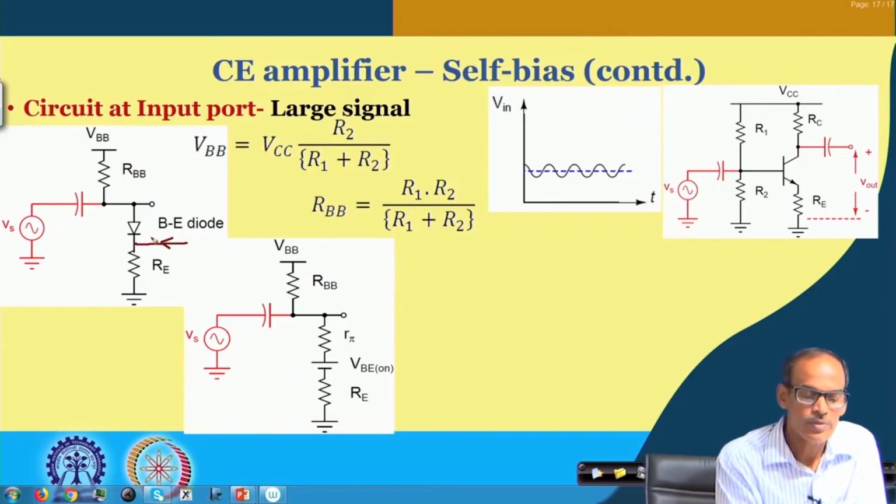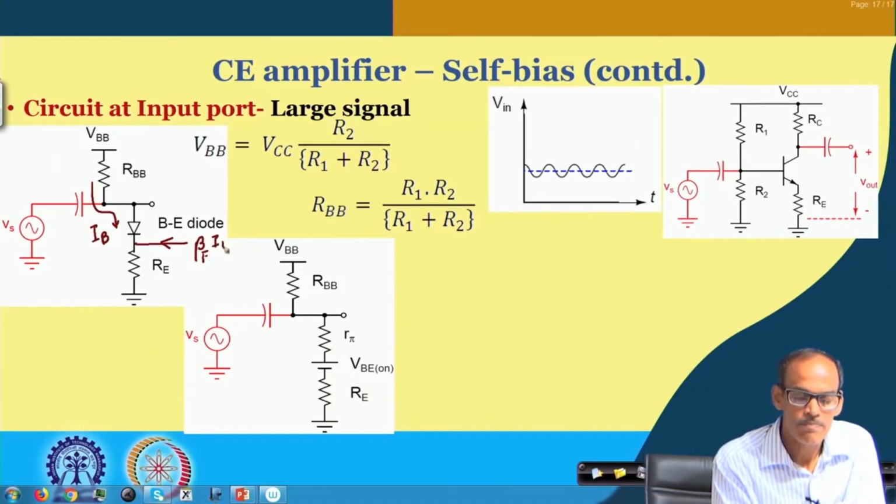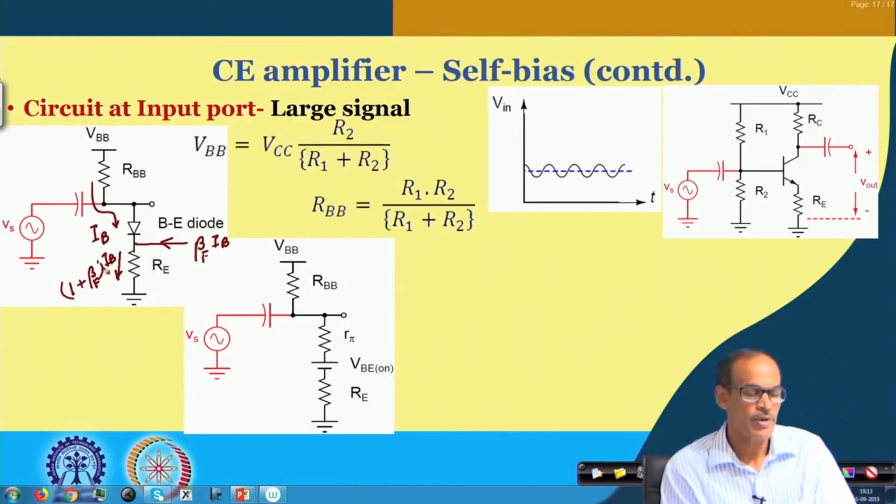So, whenever we talk about IB flowing here, we need to consider that IC also, which is beta times IB. As a result, the current flowing through this part is 1 plus beta times IB. So, if it is DC current, we will be talking about 1 plus beta F times IB.